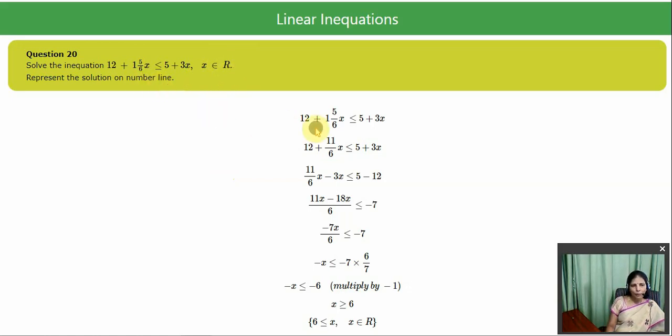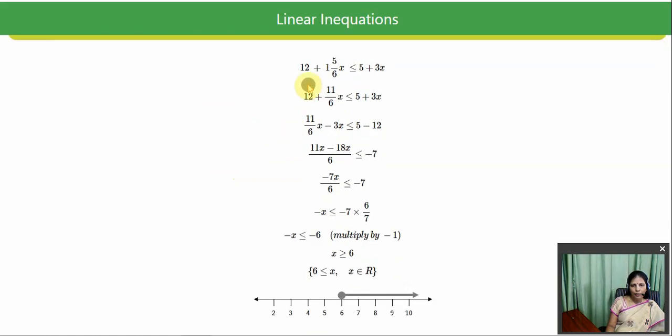Now we will come to the question. 12 plus 1 5 by 6x less than or equal to 5 plus 3x. It is a mixed fraction, so change it into an improper fraction. So 12 plus 11 by 6x less than or equal to 5 plus 3x.